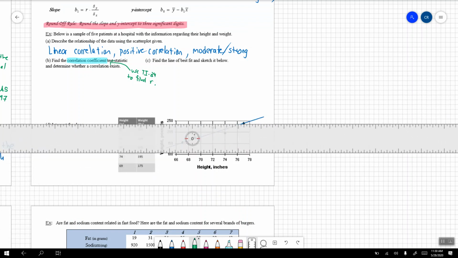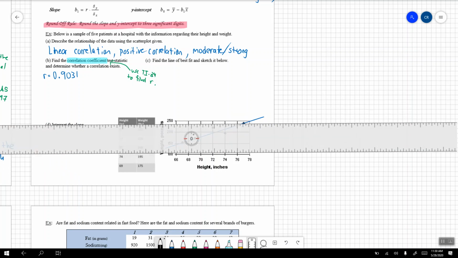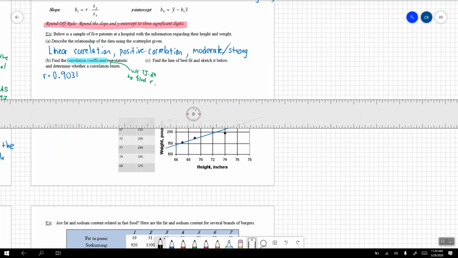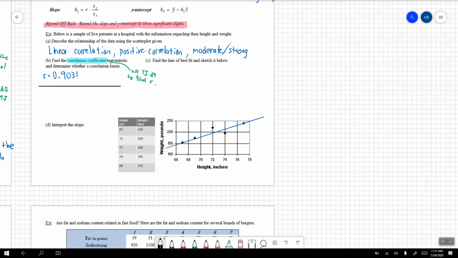So what I'm going to do at this point in time is write my R coefficient. So R is equal to 0.9031. All right, now if you remember, back in the previous section when we were running a hypothesis test, we said that we needed to identify those cutoff scores for my R values.